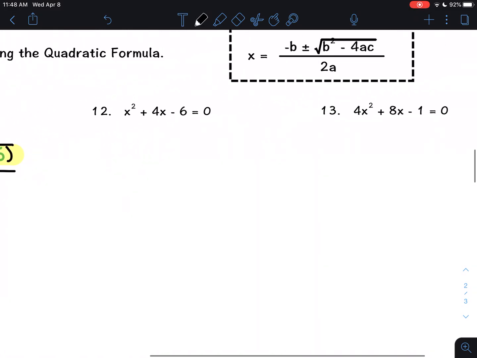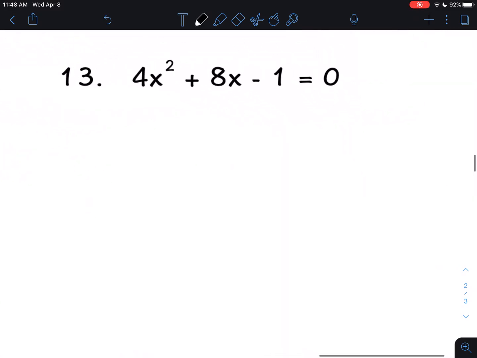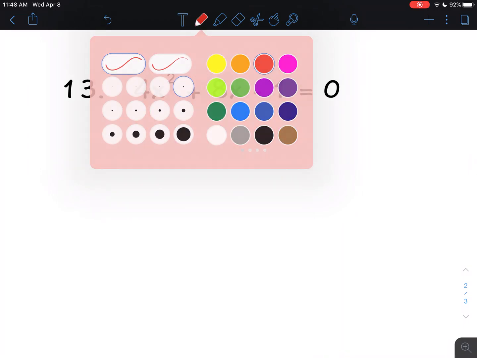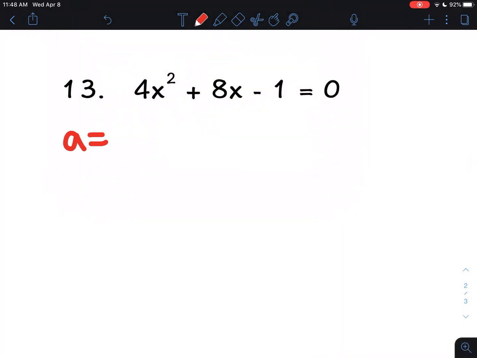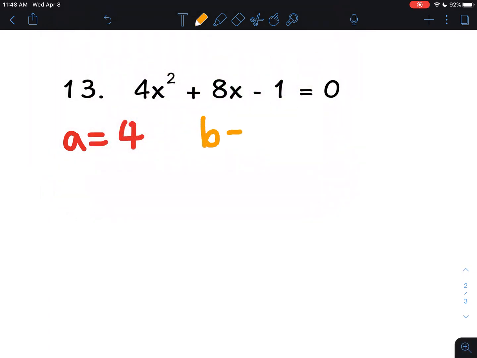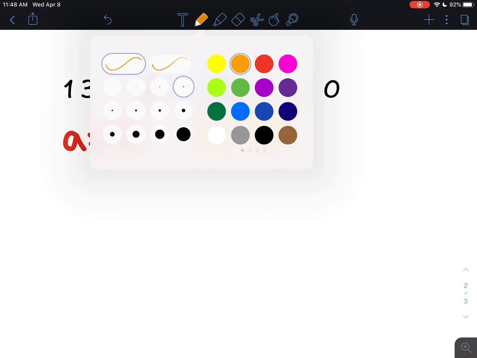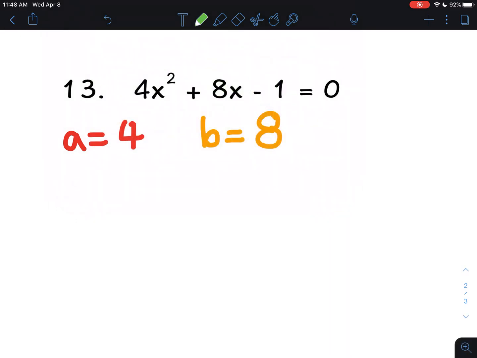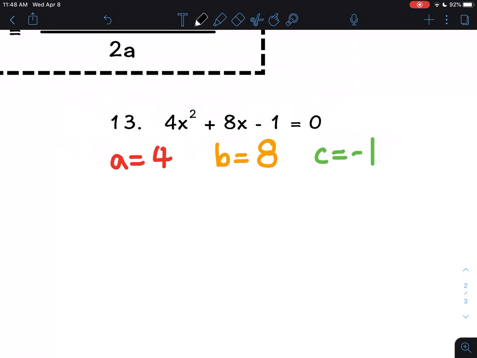Let's try another one. I'm going to skip over here to 13, where we have A is 4, B is 8, C is negative 1. And I'm going to plug this into my quadratic formula.